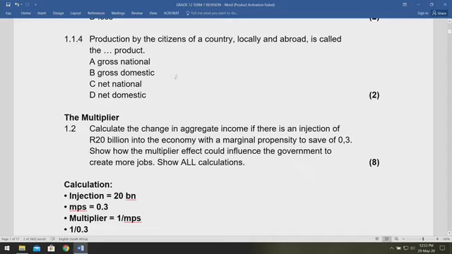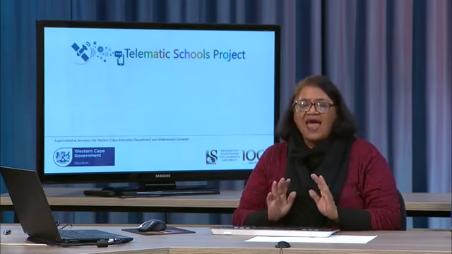Right. So here you see the two concepts we're dealing with is national and domestic, right? So we have your GDP, which is your gross domestic product. Now, what does it mean? Domestic, what's happening inside the borders of a country. So whether the production is being done by citizens or foreigners, as long as it's happening within the borders of a country, that will be added to your gross domestic product.